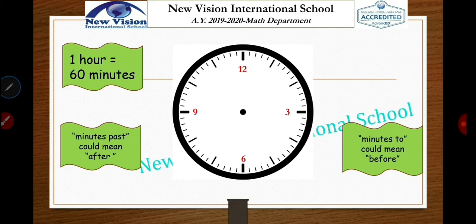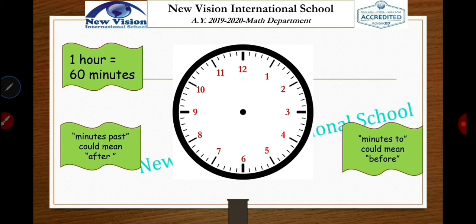We have here after 12, we have there 1. After 1 is 2, and then 3, and then 4, 5, 6, 7, 8, 9, 10, and 11.